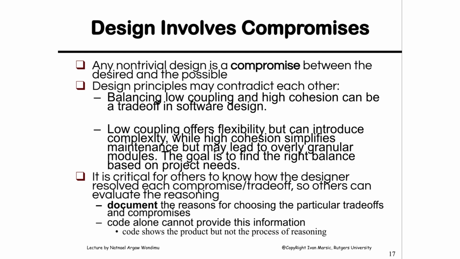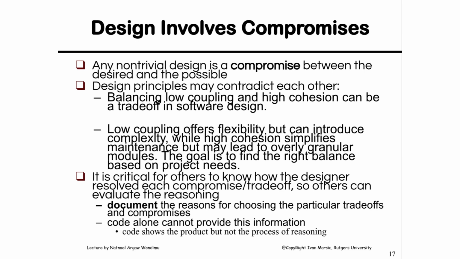But this low coupling or fine graining different tasks into different places might introduce complexity. On the other hand, high cohesion simplifies maintenance, because in one module you are going to have very similar types of classes, but again it may lead to overly granular modules. So the goal is to find the right balance based on project needs.